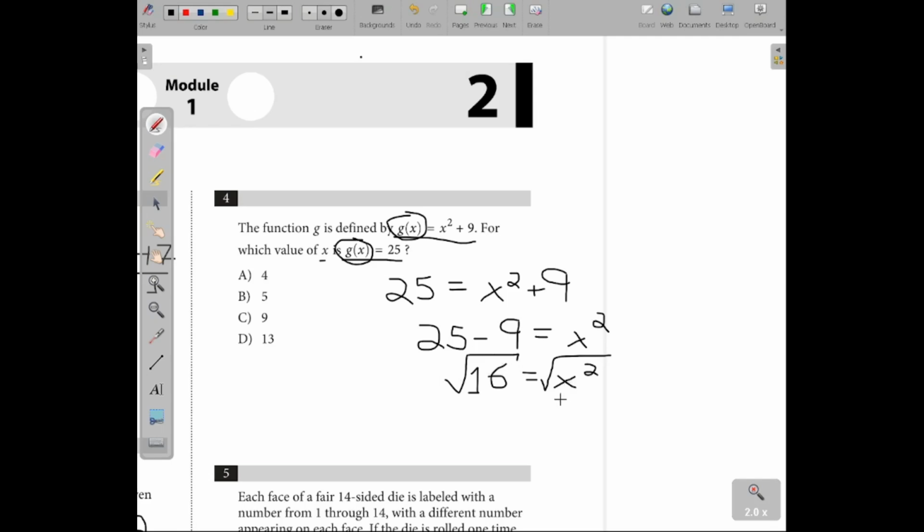We apply square roots to both sides. This simplifies with this one, and the square root of 16 is 4, because 4 times 4 equals 16. This 2 simplifies with the square root, so we have that x is equal to 4, which is answer A.